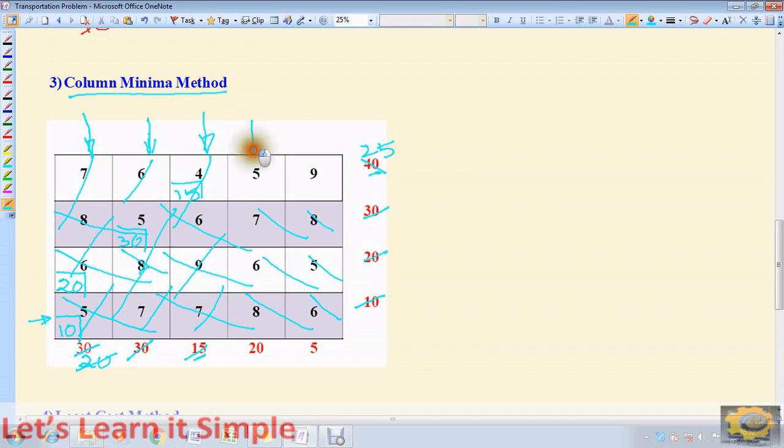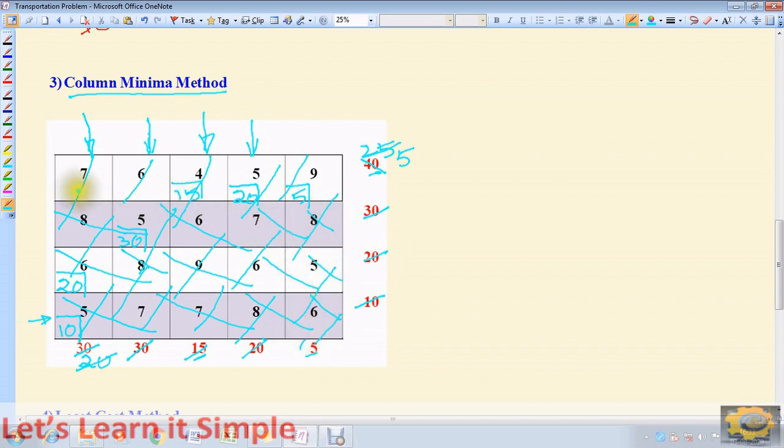Next move on to the fourth column. I have only one cell, 5 alone. So if I compare 20 here, this results in vanishing the fourth column, and I am left with 5 alone. Now in the last column, only one cell, 9. You can verify 5 and 5 here. So at last, everything is done.